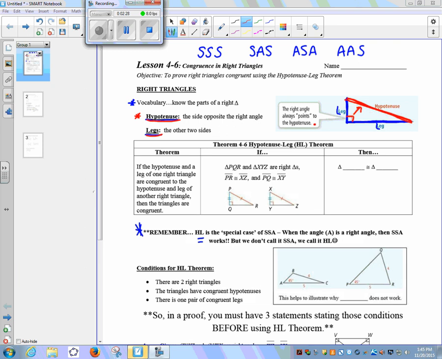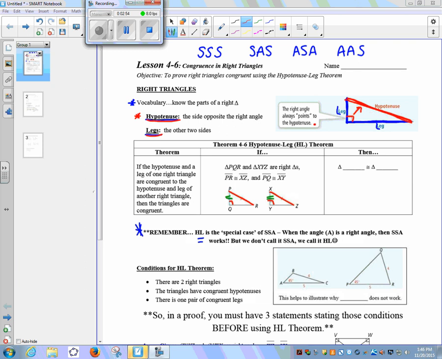So the hypotenuse leg theorem says if the hypotenuse is congruent to the hypotenuse of another triangle, and one of the legs is congruent to one of the legs of the other triangle, as long as the two angles are actually right angles, therefore we're dealing with right triangles, then the whole triangle is congruent.